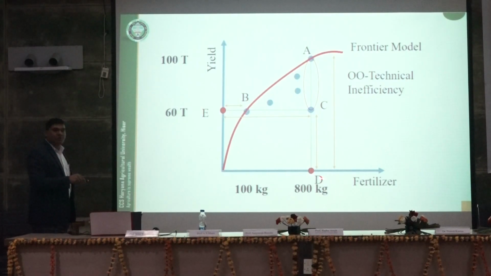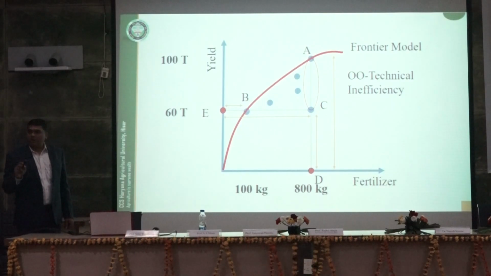For the same dose, farmer C produces 60 tons, and with the same fertilizer dose farmer A produces 100 tons. The input is the same but the output is different. So this type of inefficiency is called technical inefficiency, specifically output oriented inefficiency.